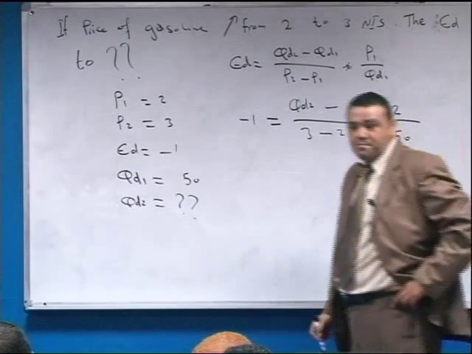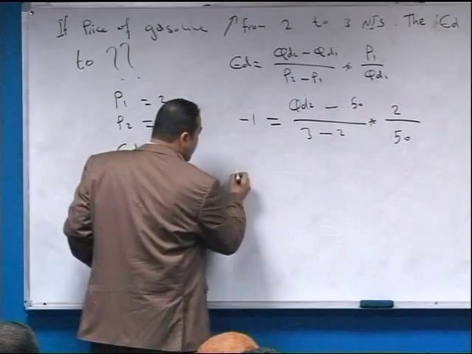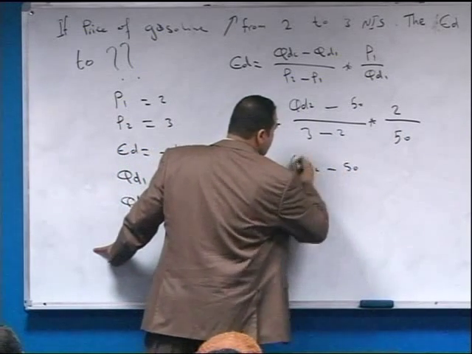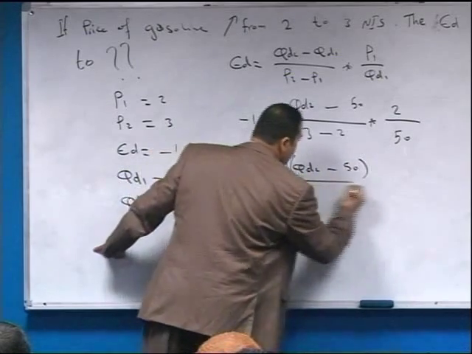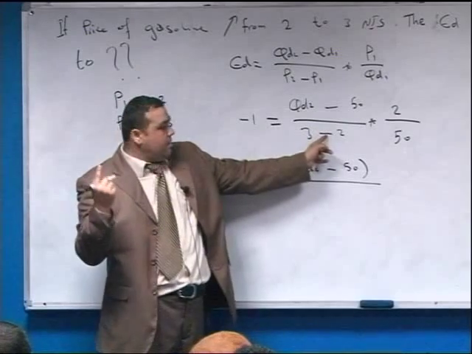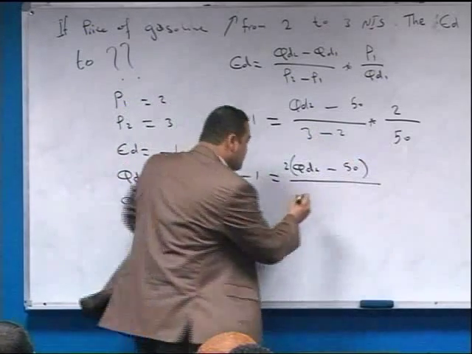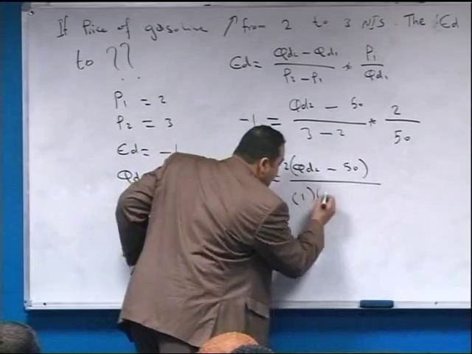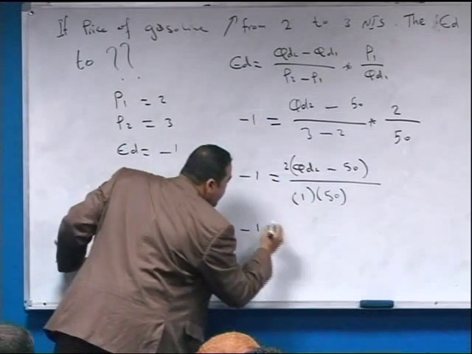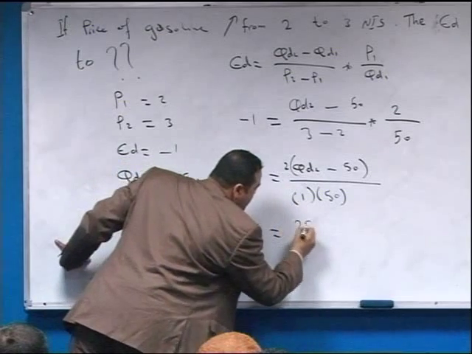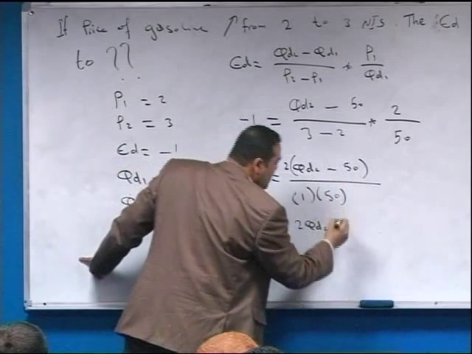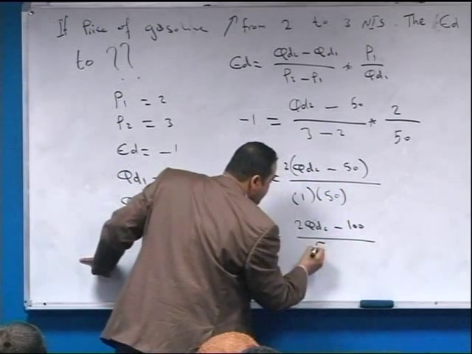The same idea as the previous one. So -1 equals (QD2 minus 50) times 2 over (3 minus 2), which is 1, times 50. So -1 equals (2QD2 minus 2 times 50, which is 100) over 50.